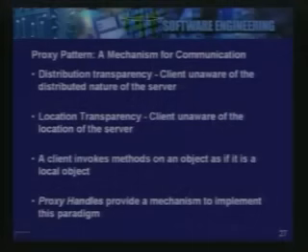The client invokes a method on an object as if it is its local object, and that local object which represents the remote object in a local environment is called proxy. So proxy provides a mechanism to implement this communication paradigm.